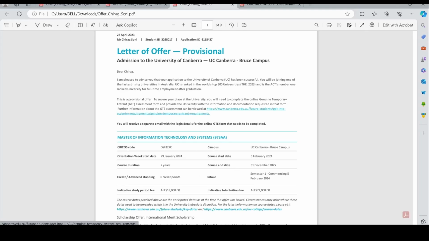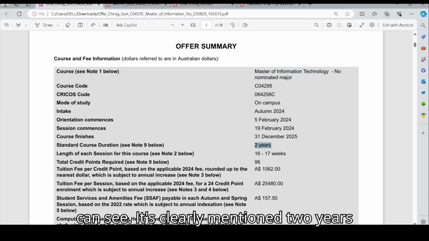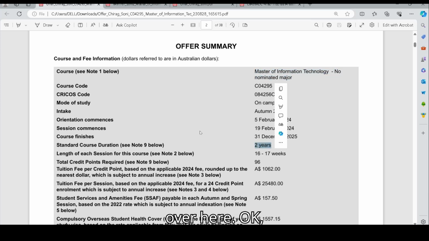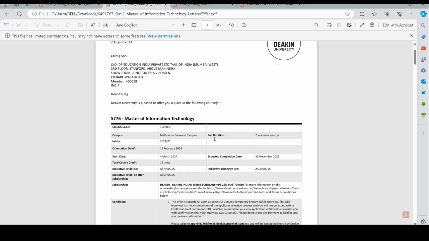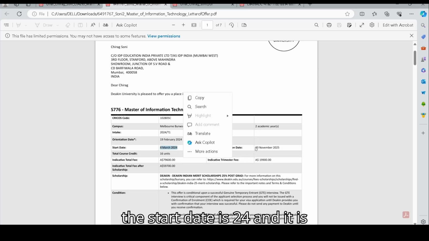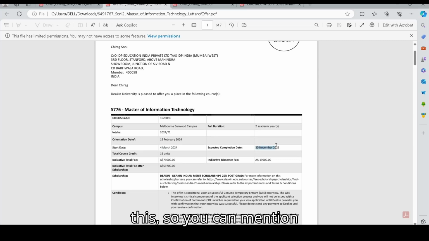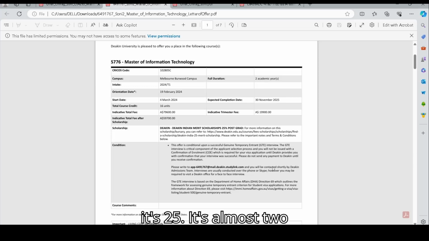Let's start with the UTS offer letter. You can see it's clearly mentioned 2 years over here. And let's say Deakin University. If it's not mentioned, you can see the start date is 2024 and the end date is this, so it's almost 2 years.